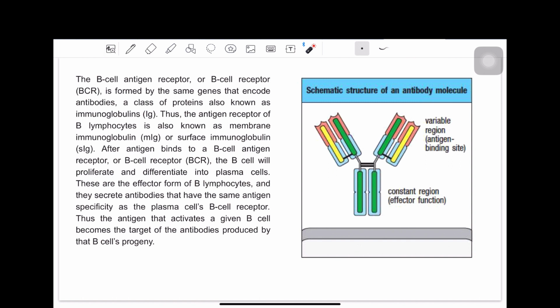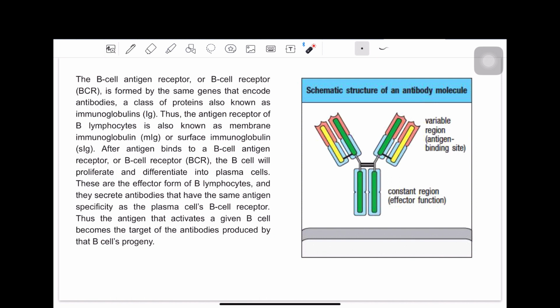Now, the difference between a normal B cell and a plasma cell is that the plasma cell can secrete these B cell receptors as the antibody molecules, right? So the B cell receptor and the antibodies that the plasma cell secretes both have the same specificity in terms of antigen binding. So what does it mean?